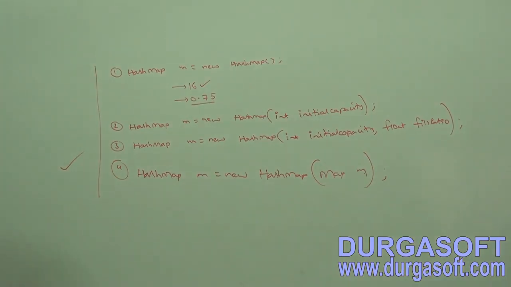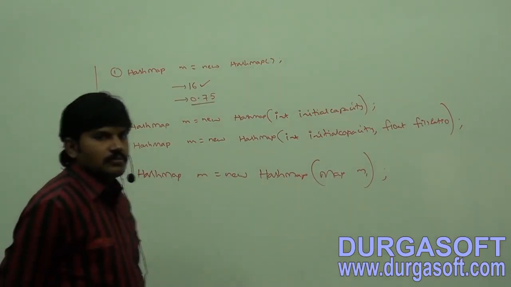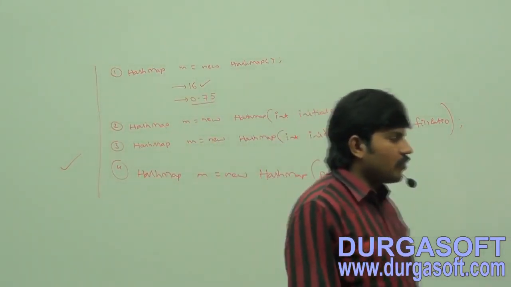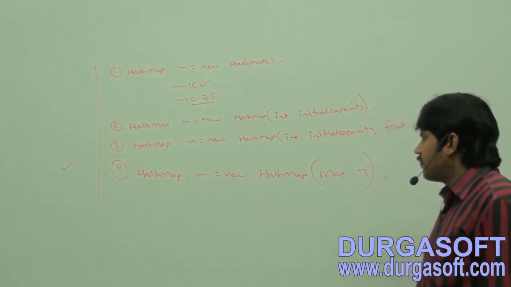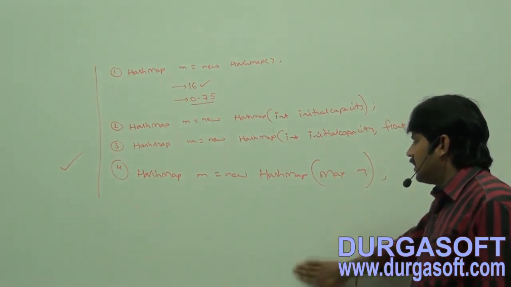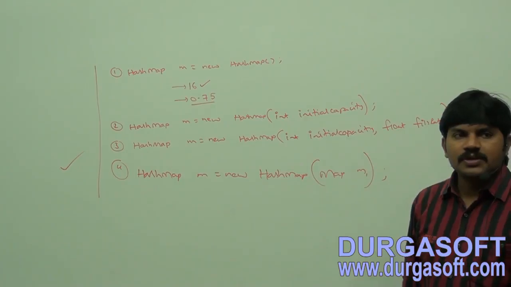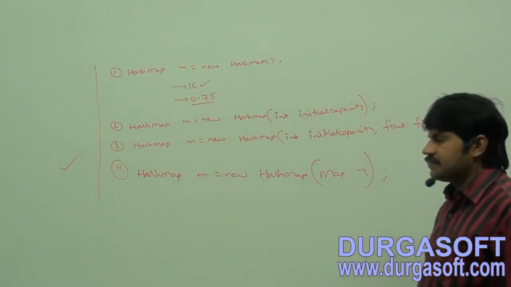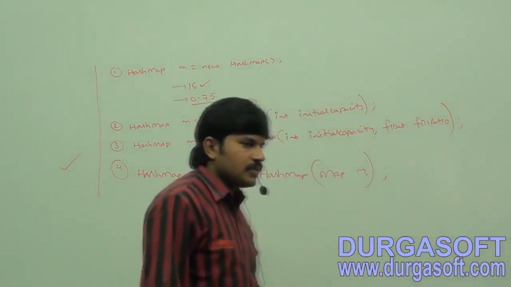HashMap m = new HashMap(int initialCapacity, float fillRatio). HashMap m = new HashMap(Map m).